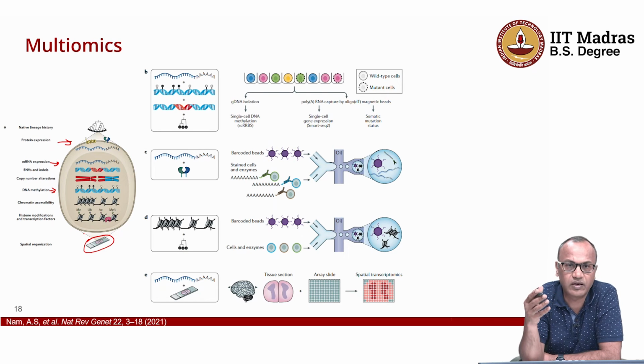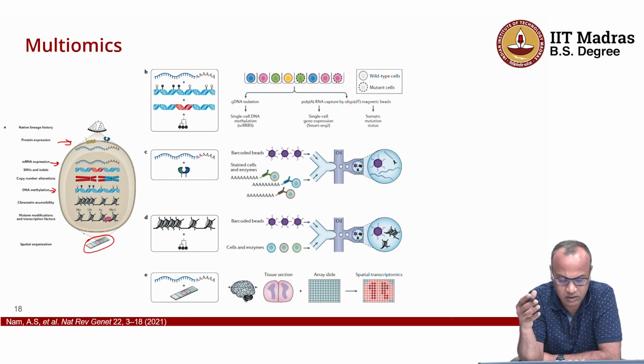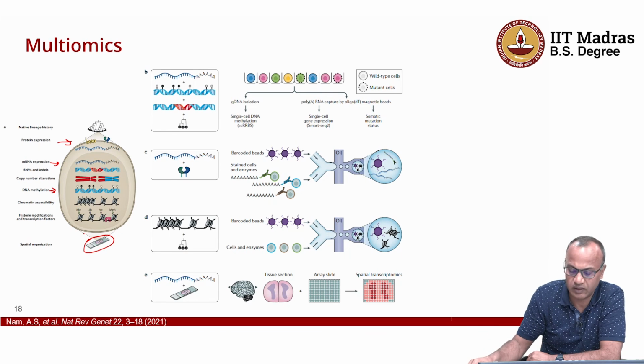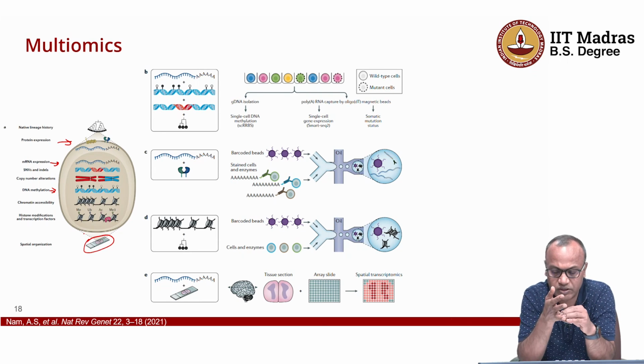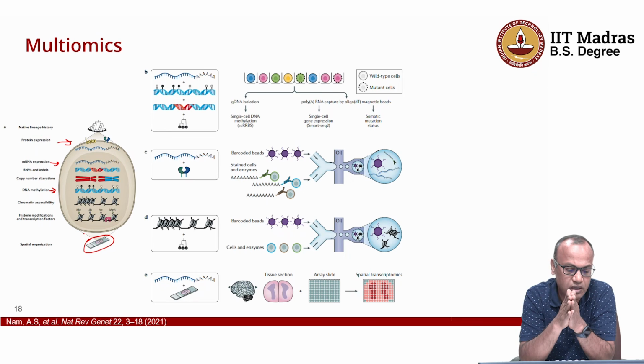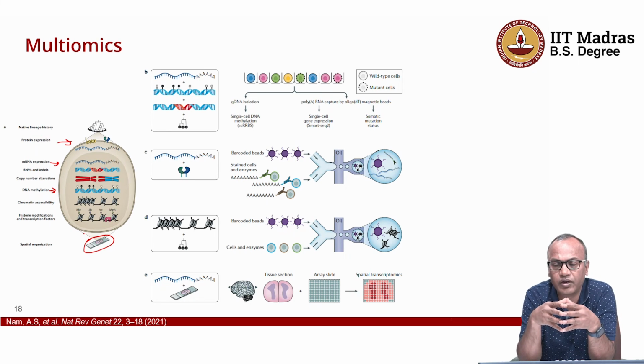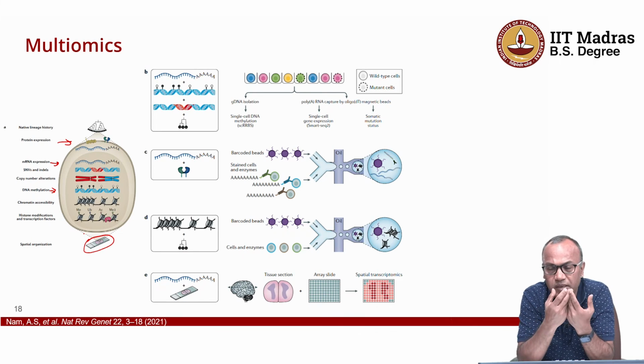So these are the kind of things that are currently being developed and generated, the kind of data both in genomics, transcriptomics, even in proteomics and epigenomics, which is giving us computational biologists a lot of data, a lot of information about how biological systems seem to be highly interconnected, not only at the cellular level, but even at the tissue level, even at the organismal level.